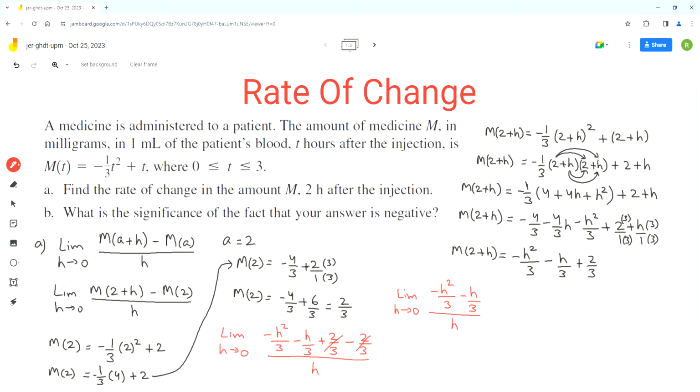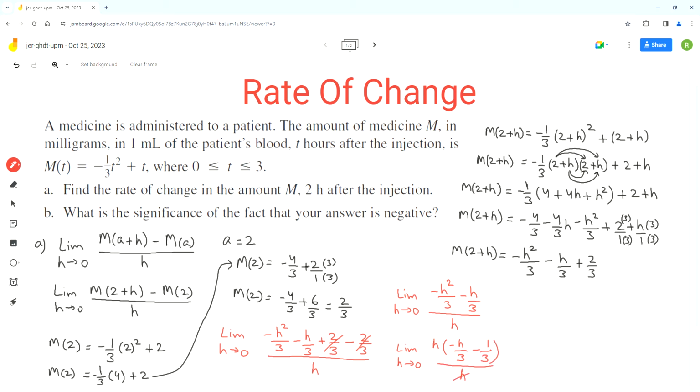Now we cannot apply the limit because the h is in the denominator. If the denominator becomes 0, then the expression will become undefined. So we'll have to factor out an h from the numerator. So we factor out an h from the numerator and we get h times (minus h over 3 minus 1 over 3), over h.